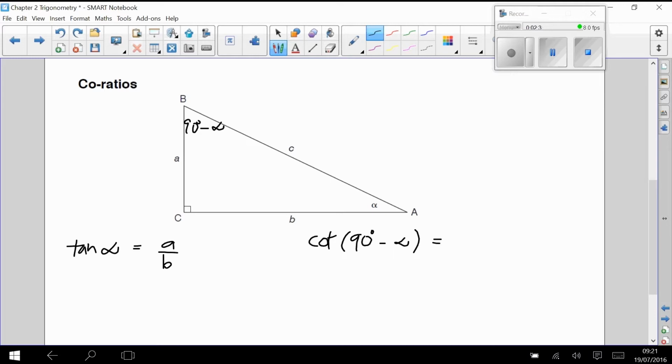Well, the ratio for cotan must be the reciprocal of tan, and if the tan ratio was opposite over adjacent, I must use the adjacent all over the opposite.